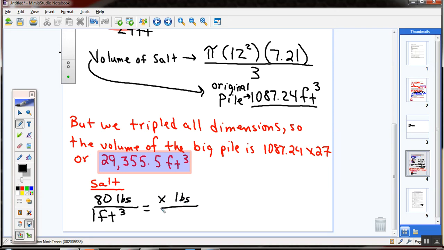Well, guys, if 1 cubic foot is 80 pounds, how many cubic feet do we know we have? Okay, so let's solve the number of pounds. We're going to have 29,355.5 cubic feet here. Somebody solve that proportion for me.